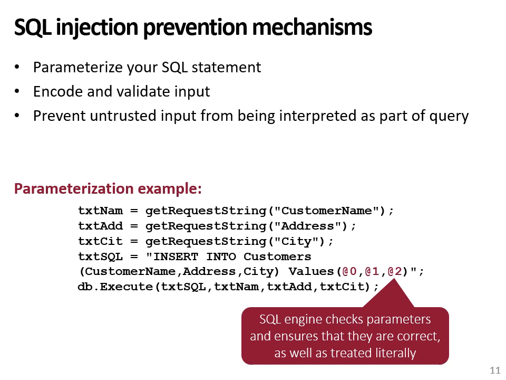In this code example, the data retrieved from the text fields in the form on the website is parameterized, and the SQL engine will actually check these parameters and ensure that they are correct and treat it literally. So any SQL statement embedded in them will not be executed.